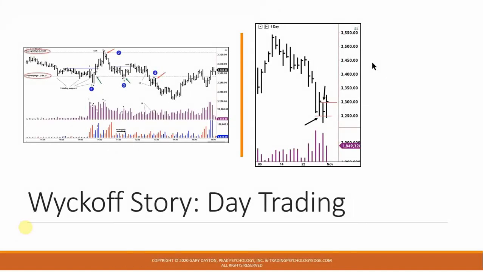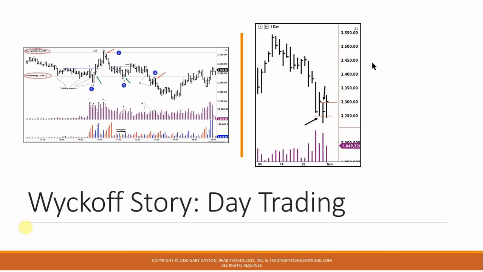So we've started to talk a little bit about multiple time frames, but the key consideration here is developing a Wyckoff story. We talked about the components to it, and they're going to be different each time. Sometimes there's going to be no demand, sometimes supply, sometimes a hidden up thrust, sometimes a combination of those.